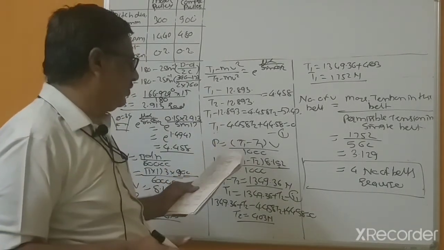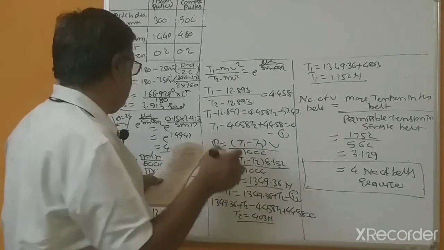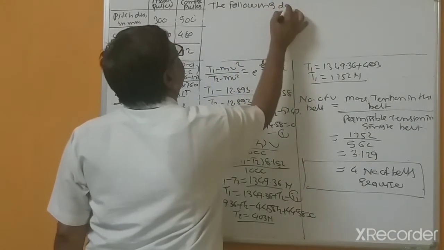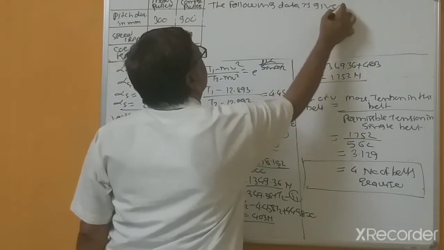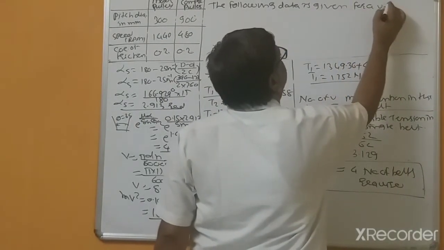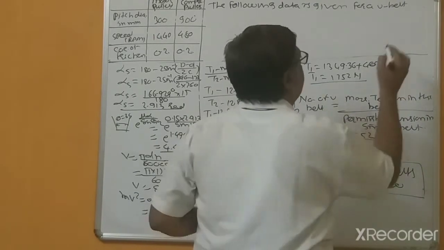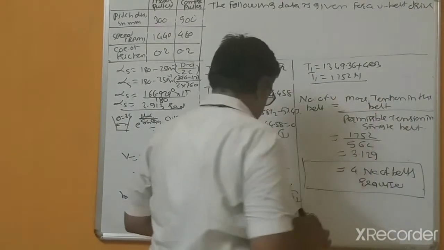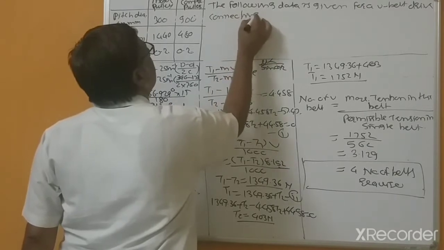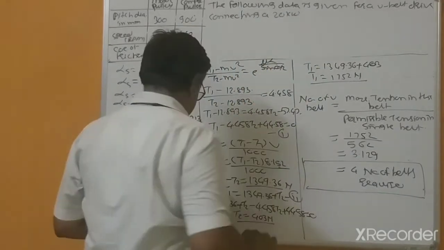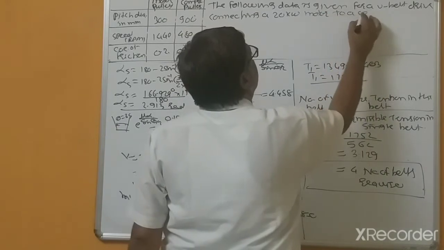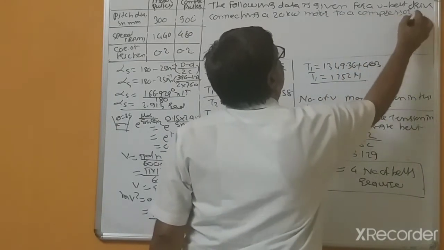Now the problem: the following data is given for a V belt drive connecting a 20 kilowatt motor to a compressor.